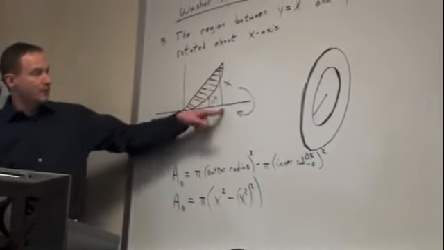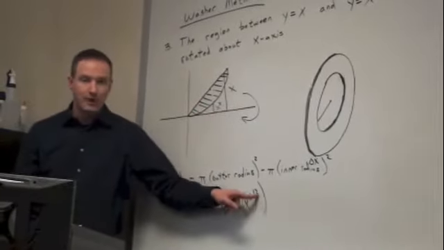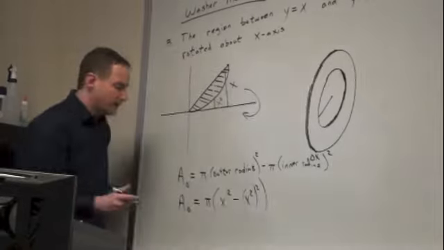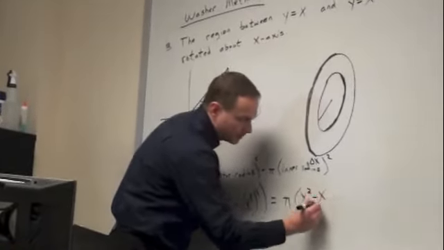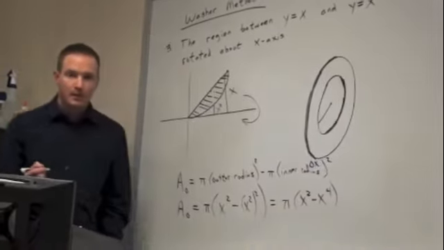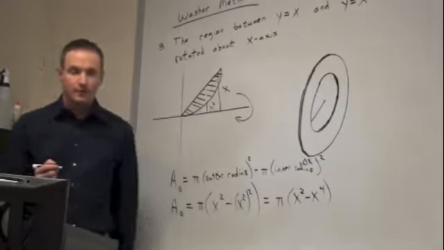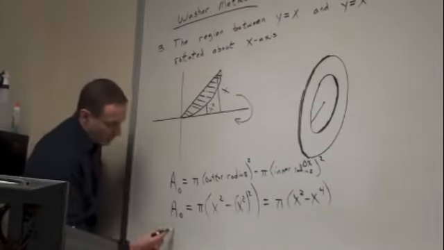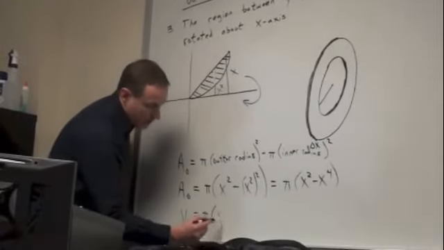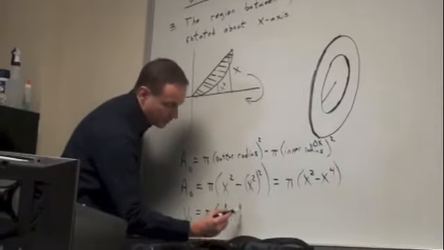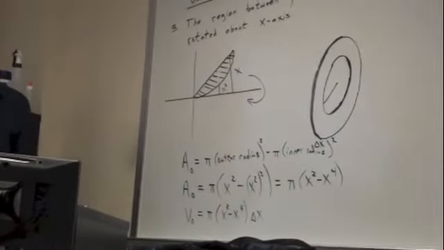So that's the outer radius squared minus the inner radius, x squared, squared as well. So this is just going to be pi times x squared minus x to the fourth. Pi times outer radius squared minus inner radius squared. And then the volume of a cross-section is just pi times x squared minus x to the fourth times the thickness of the cross-section, dx, or delta x.